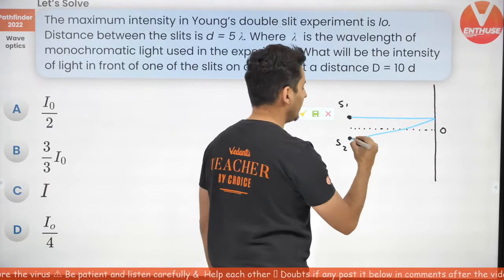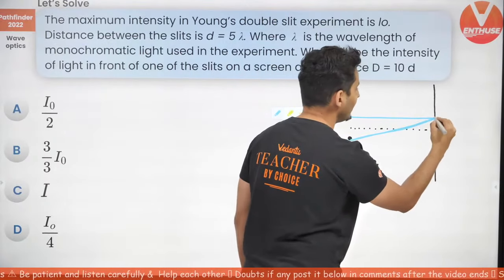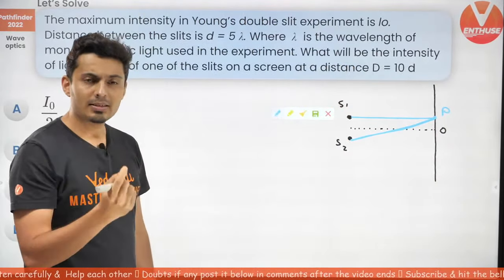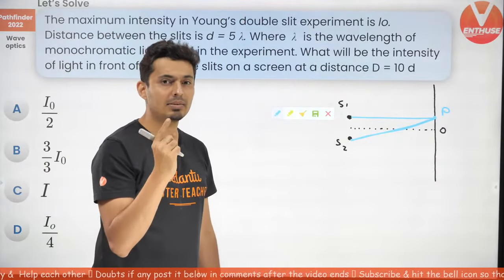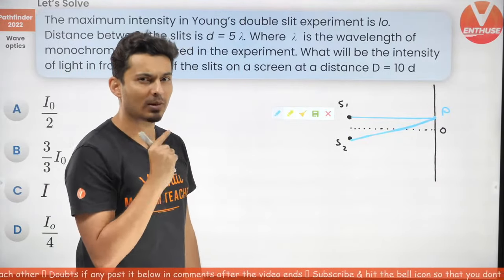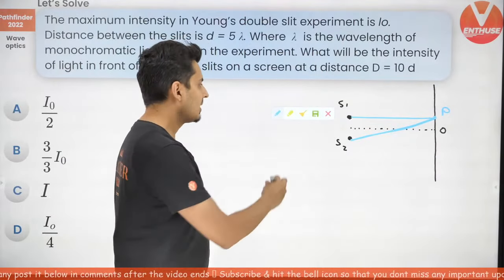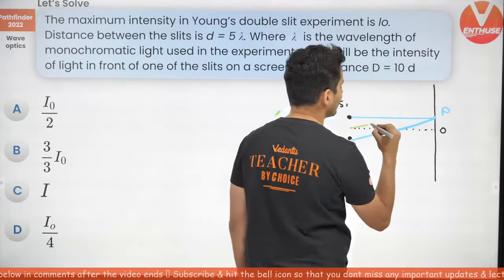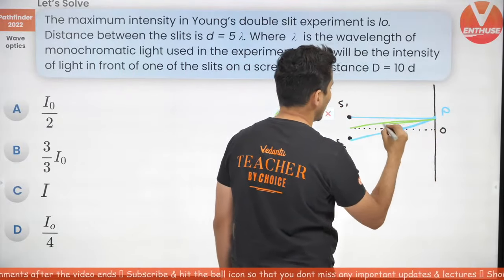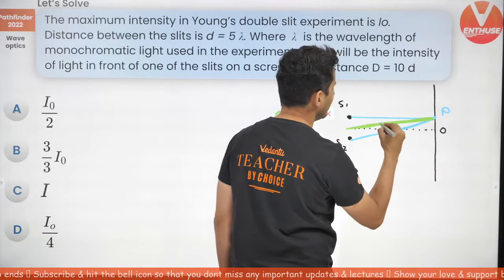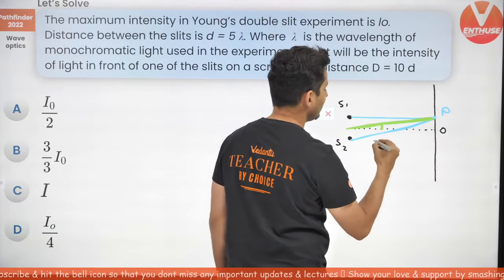So first of all, try to understand, we need to figure out what is the phase difference, and for the phase difference we need to know the path difference, and for the path difference we need to know the angular position. Remember, angular position is always measured from the center. So this is basically your theta.